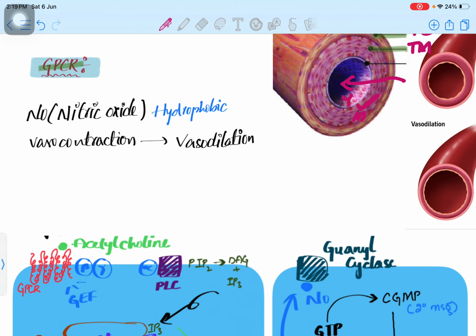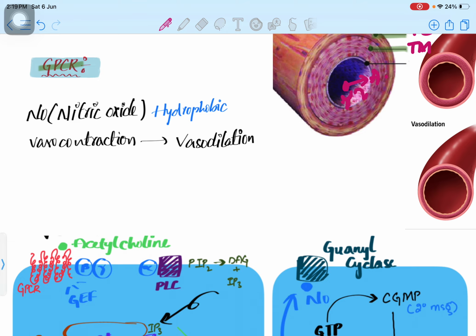First we need to know the blood will travel through these vessels. In that process, the bloodstream also carries a GPCR receptor present on the tunica intima, where the ligand will come.